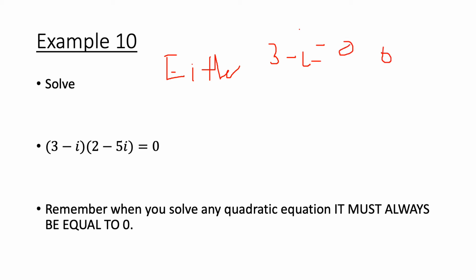Okay, so it's either or. So solving this, I get i is equal to 3, or i is equal to 5 over 2. Okay, so that is my solution to my quadratic.